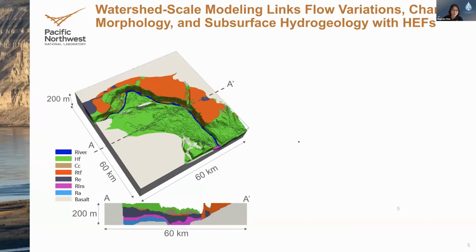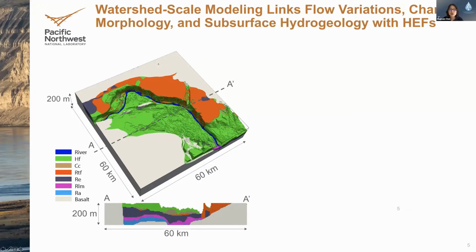To give you an example of a watershed scale hydrologic simulation we have performed, this is a regular size watershed we carved out from the bigger aerial image of the Columbia River Basin. Our model domain is 60 kilometers wide and long, and 200 meters deep.